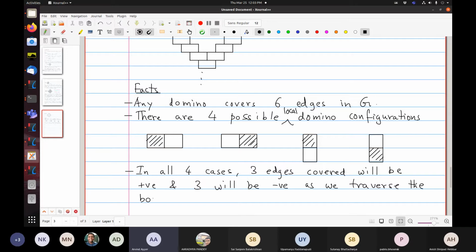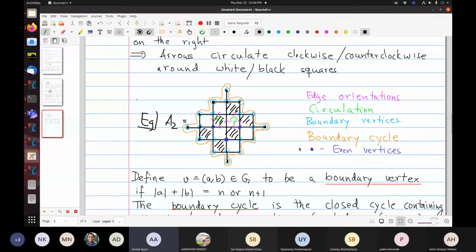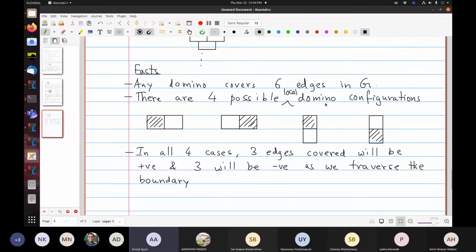I'm again talking about the orientation. So remember what the orientation was. What color did I use for the orientation? I used pink. So black will be on the left and white will be on the right.